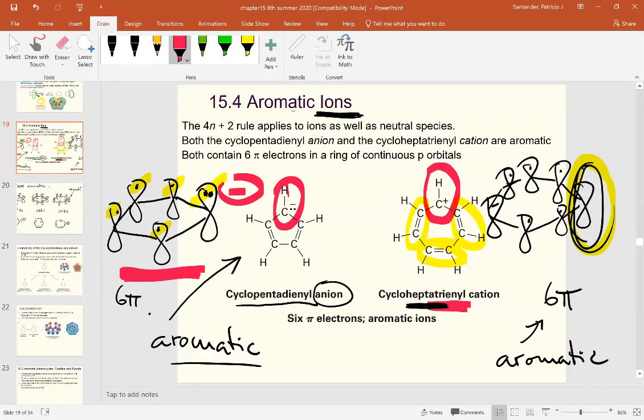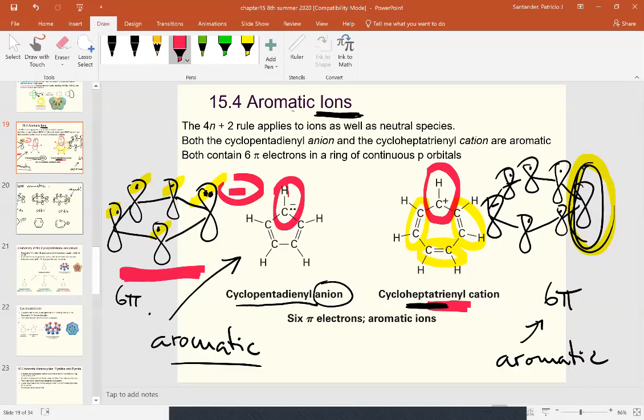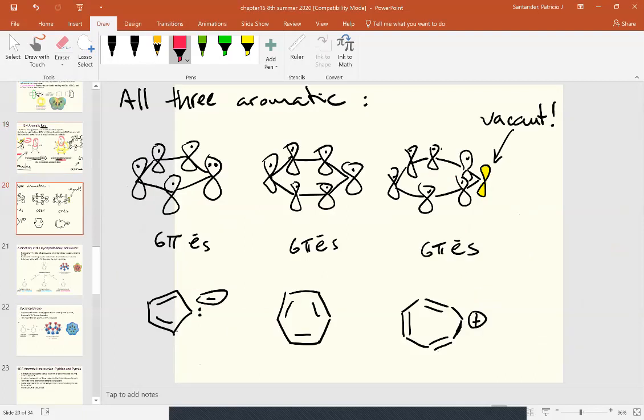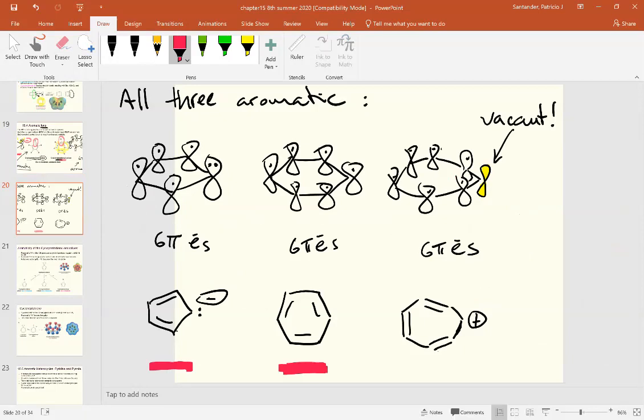So in the next slide, I want to compare three structures. Here we have on the left the cyclopentadienyl anion. In the center we have plain benzene, neutral. And then on the right, I have the cycloheptatrienyl cation. On top, I have the drawing of the orbitals.